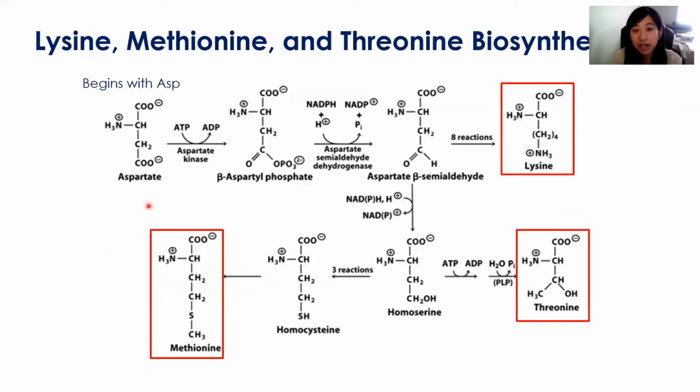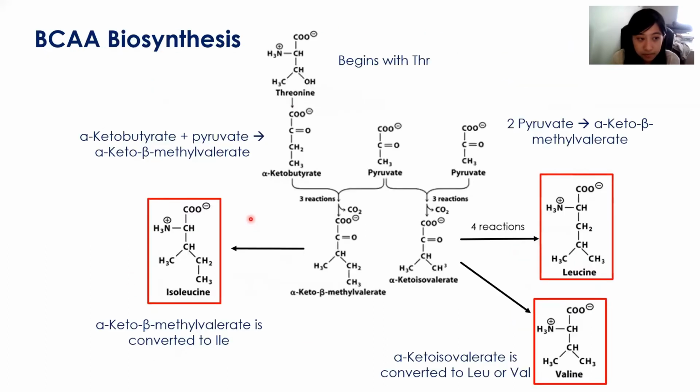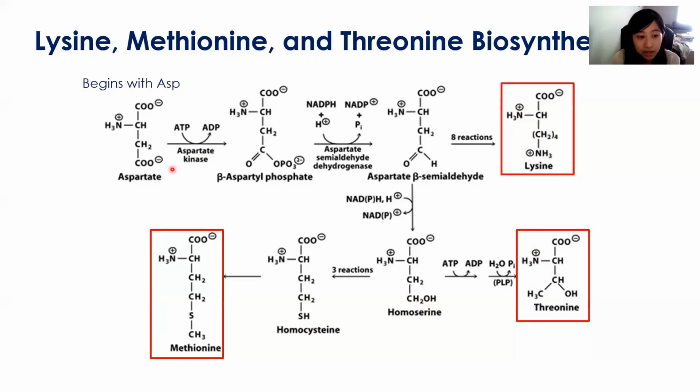Now for lysine, methionine, and threonine biosynthesis, it begins with aspartate. So aspartate can be converted into either lysine, threonine, or methionine. As for branched chain amino acid biosynthesis, it begins with threonine, which was produced from aspartate, as seen previously.